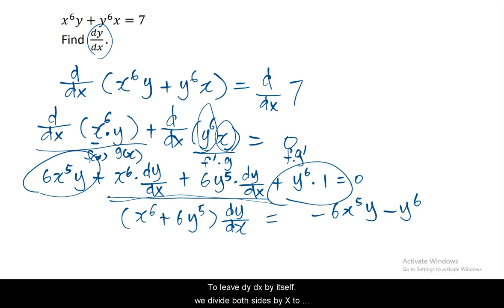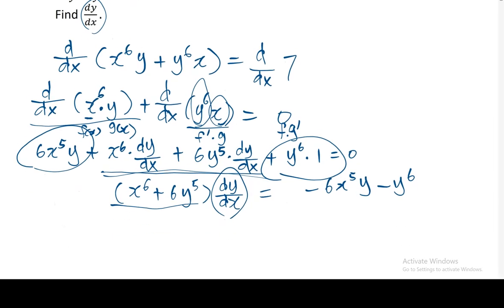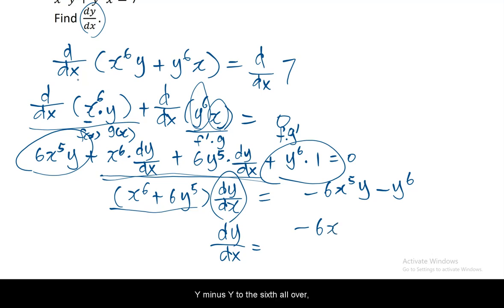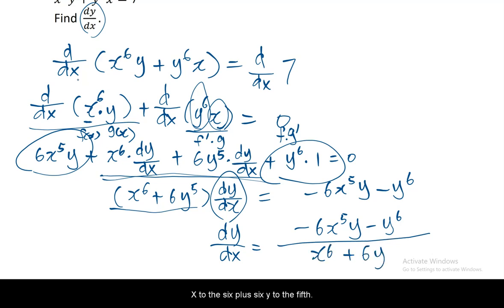To leave dy/dx by itself, we divide both sides by x to the 6th plus 6y to the 5th. So we have dy/dx equals negative 6x to the 5th y minus y to the 6th, all over x to the 6th plus 6y to the 5th.